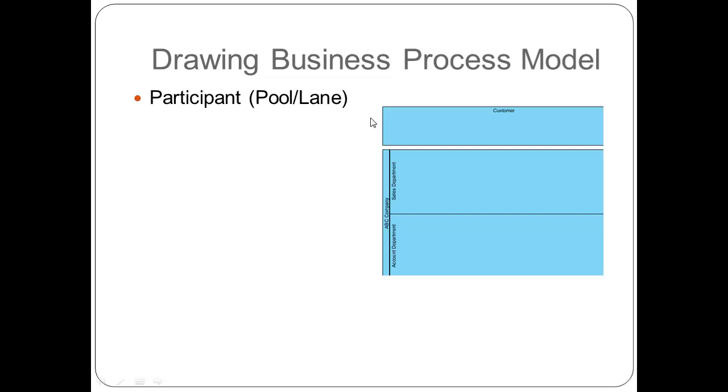In BPMN, you can model who participates in the business process by pools and lanes. In this example, we have ABC company as our company, and then we have a sales department and accounting department. So you can use this to model who participates in the process. I will show you how to draw the pool and lanes very soon.